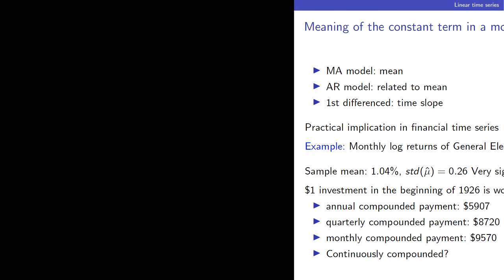I mean, that's roughly 12.45% a year, which means a $1 investment at the beginning of 1926 is now worth, with annual compound payment, 5,907, with quarterly compound payment 8,720, with monthly compound payment 9,570. But what if it was continuous compounding? It's a good moment to recall lecture 1, right?